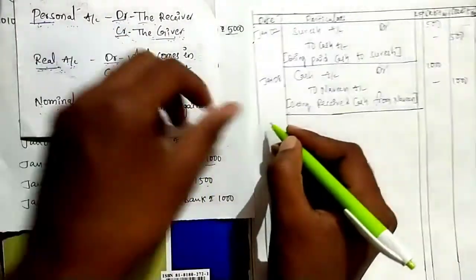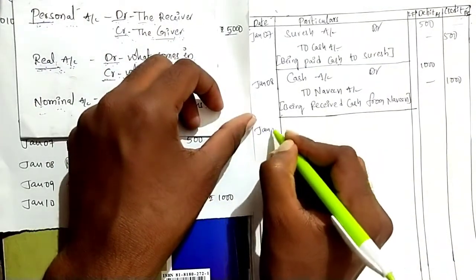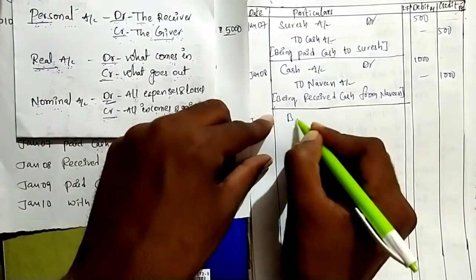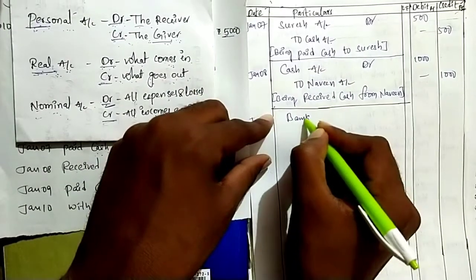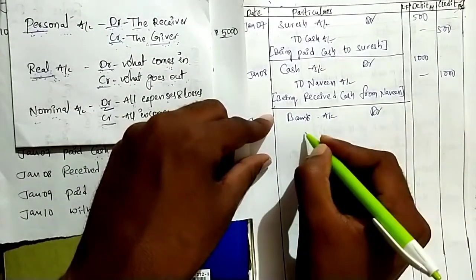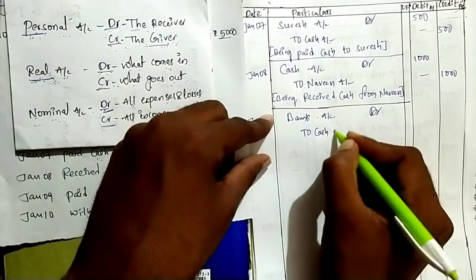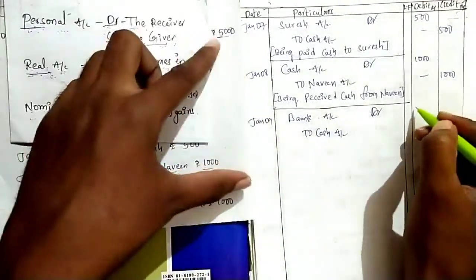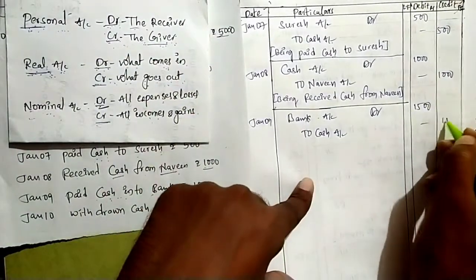It's clear. See this, January 9th, bank account debtor to cash account. How much? 1500.